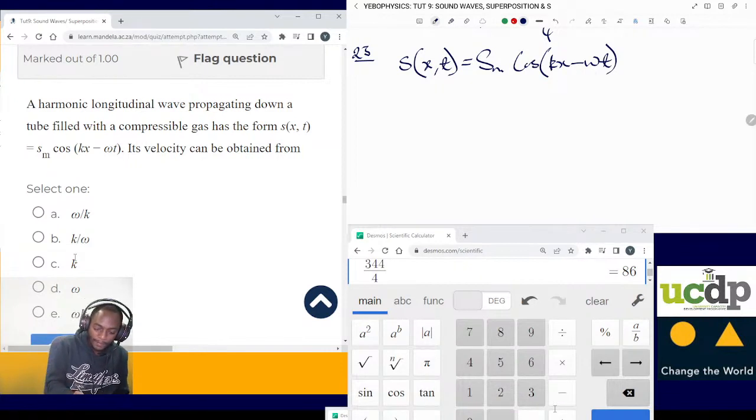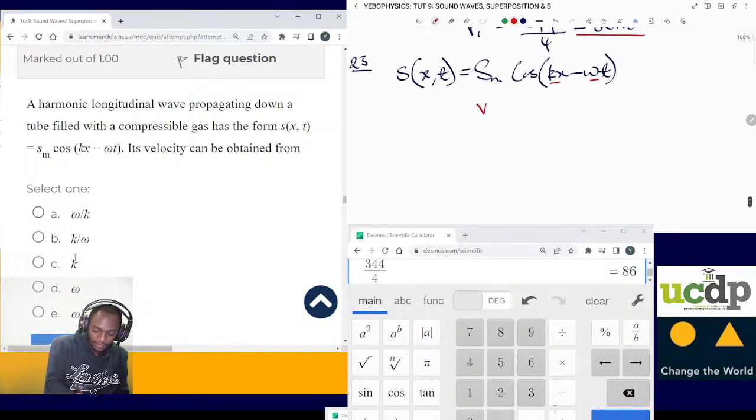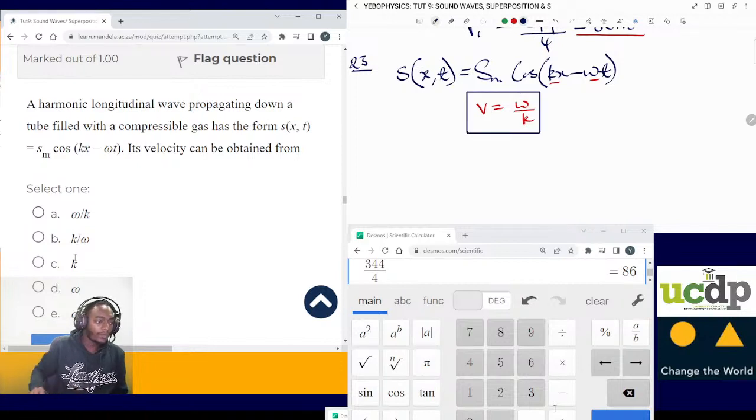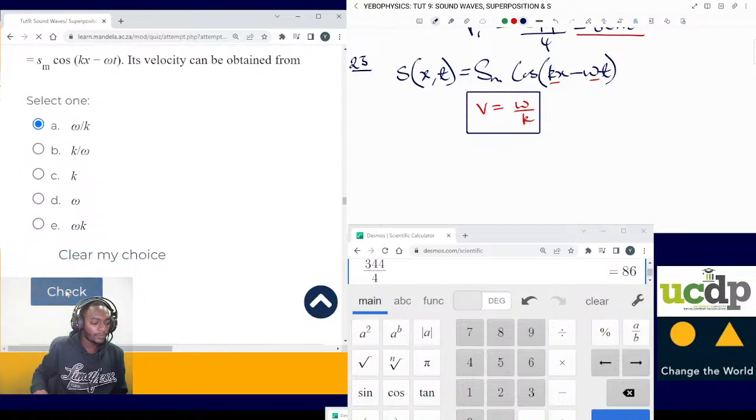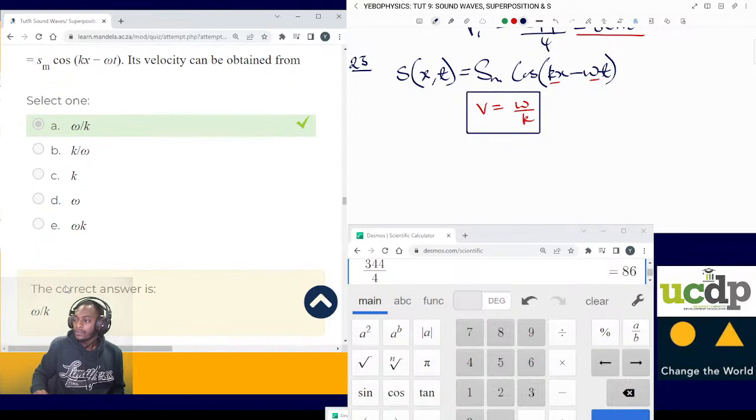So we're expressing our velocity in terms of that, and v is equal to omega over k. I think that's a simple one. You just have to refer to your equations or to your notes where we looked at wave motion, right?